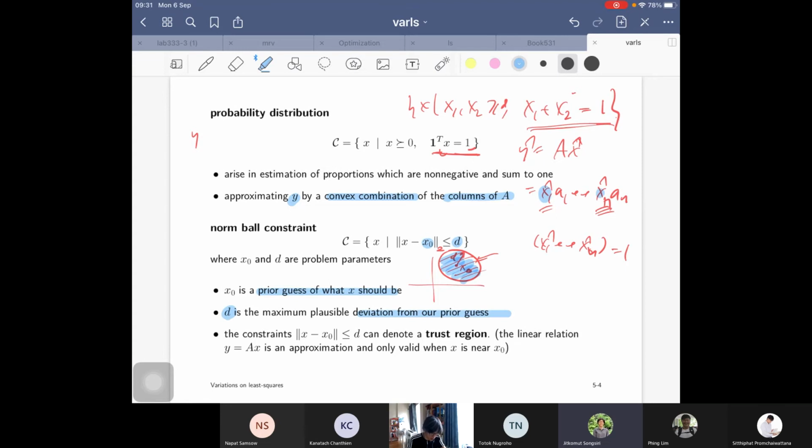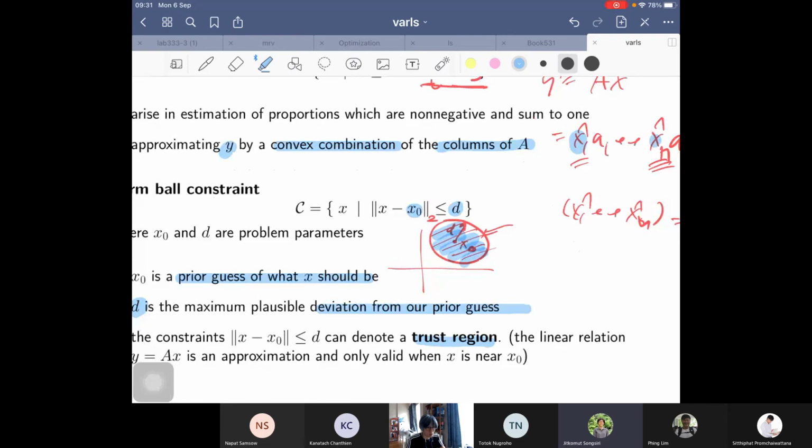This representation will be denoted as a trust region. It's a region that you trust your x hat to lie within.